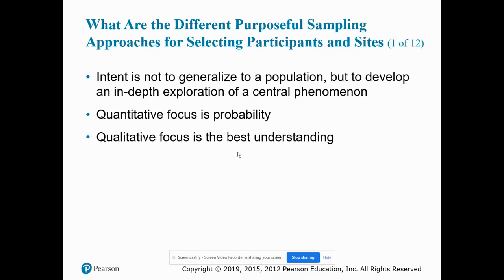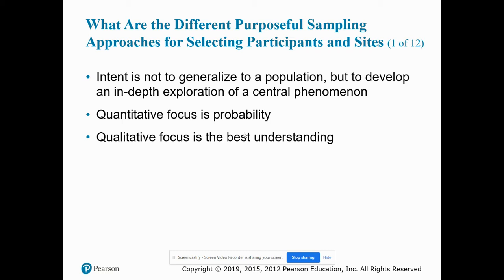And next, we're going to look at the different purposeful sampling approaches whenever you're going to go and select your participants and your location. So first, your intent is not to generalize to a population. That's what we did for quantitative studies. But you're going to develop an in-depth exploration of a central phenomenon. Quantitative focus is on probability, okay?